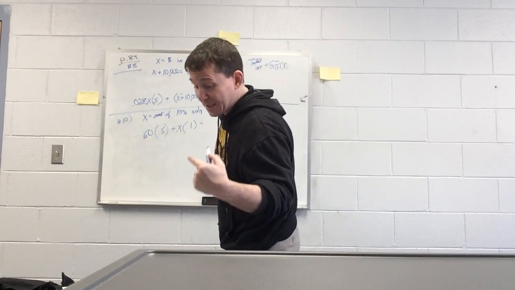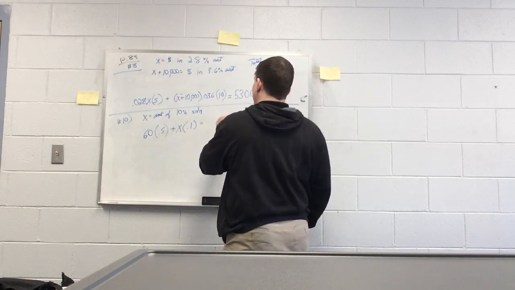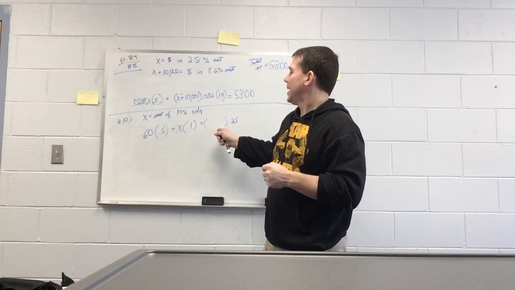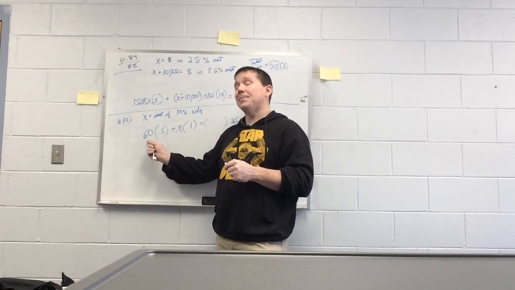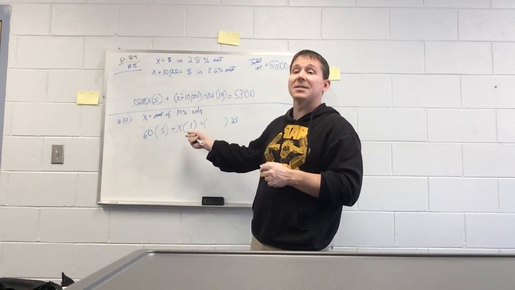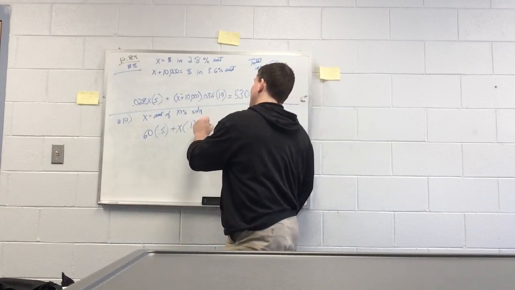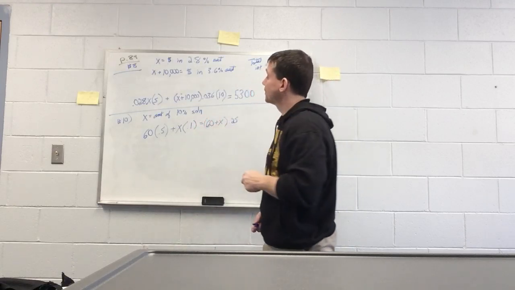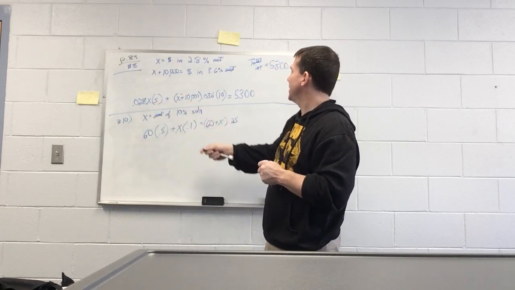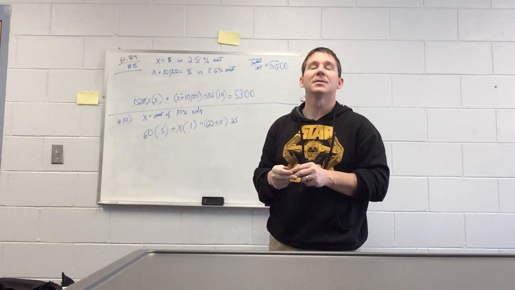I know the total percentage I want for the final solution is 25%, so 0.25. I just need to know what goes here. And I mixed 60 cc's of this with x cc's of this. So the total number of cc's of my mixture is 60 plus x. Here, 60 plus x, 60 plus x.